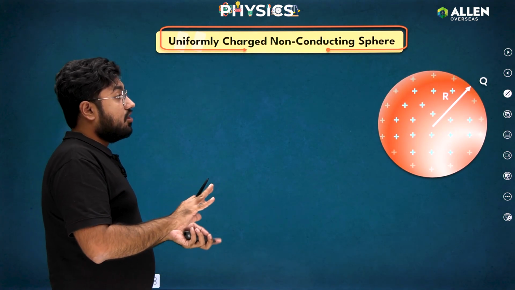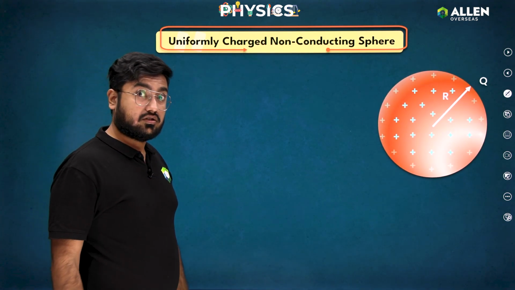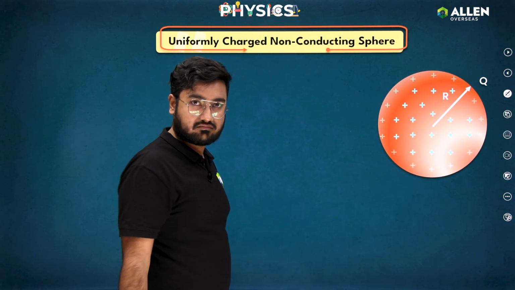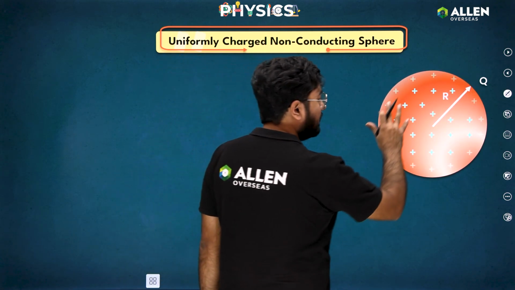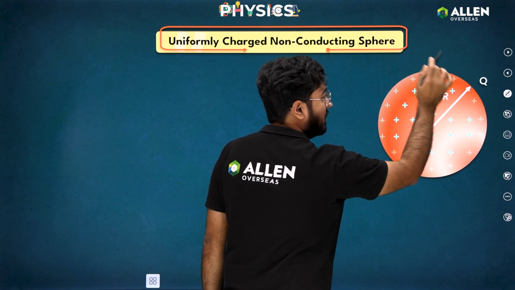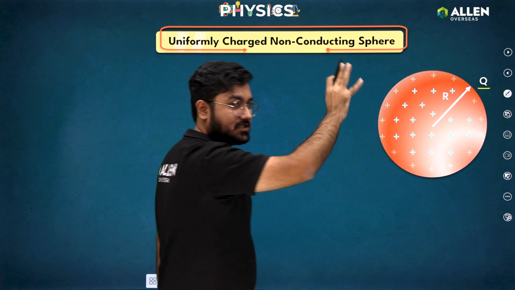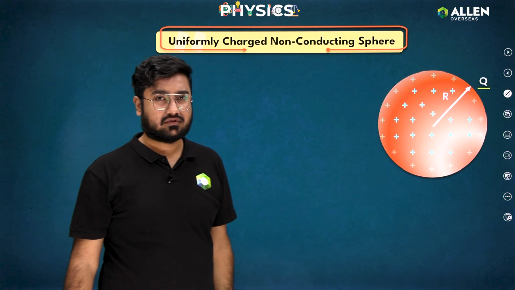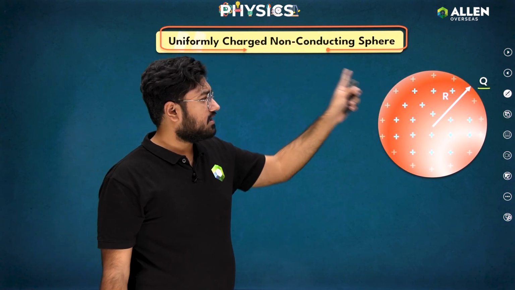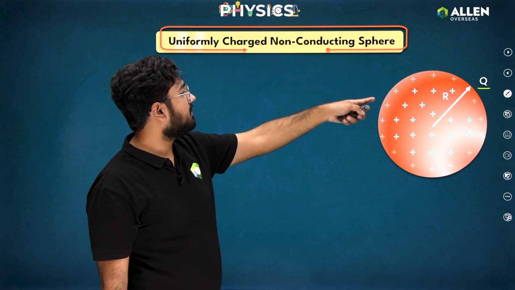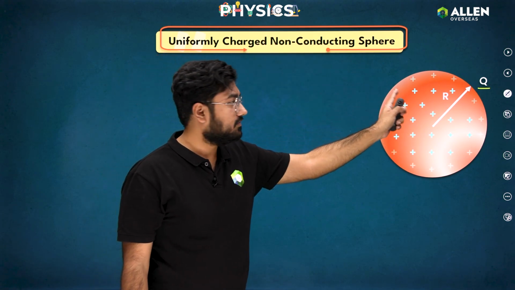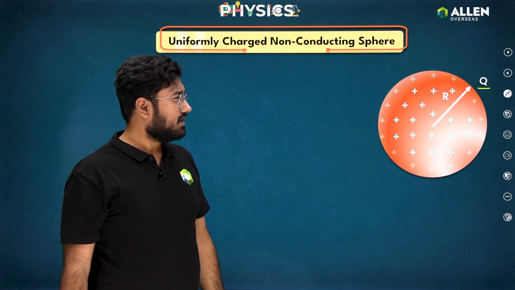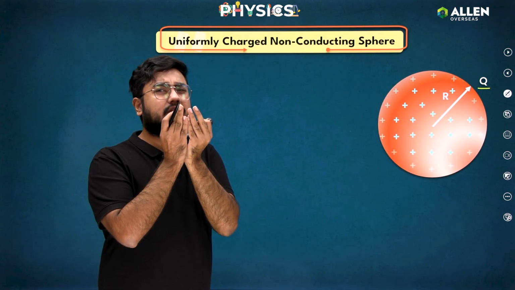Let us change the sphere. Uniformly charged non-conducting sphere. So we have a sphere, and it is uniformly charged, and suppose I will be charging it to Q and radius is R. Of course I will be bringing that charge and keeping that charge onto this sphere, but it is slowly going to increase, right?